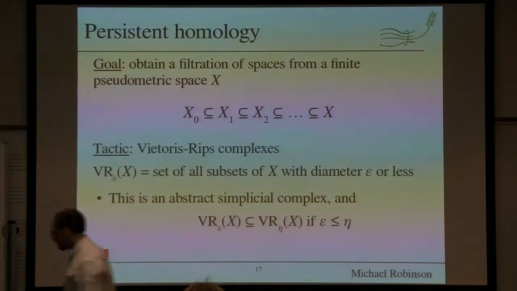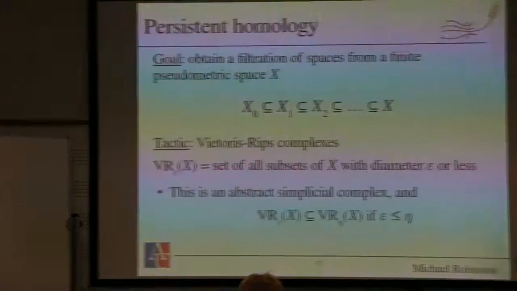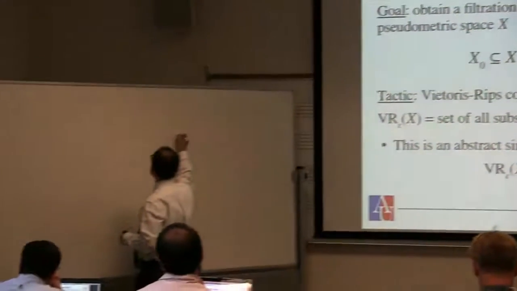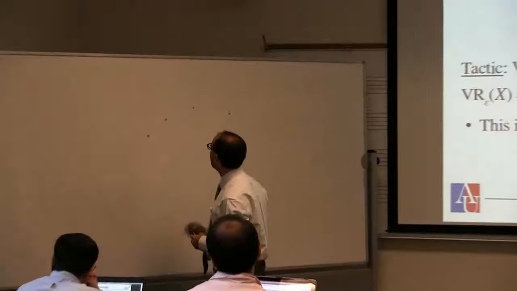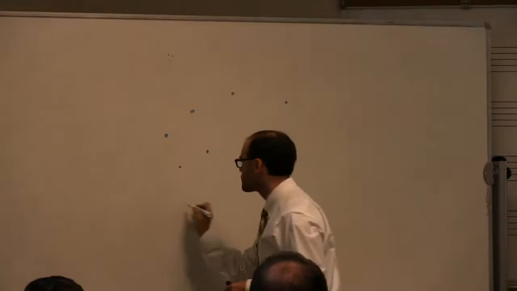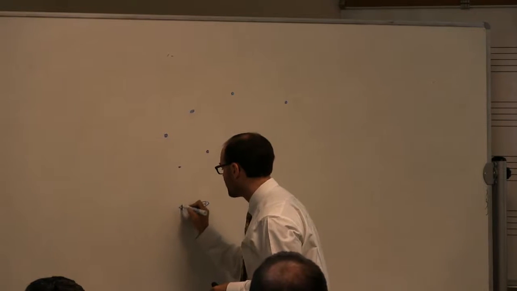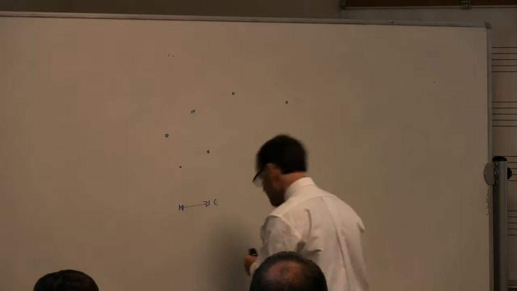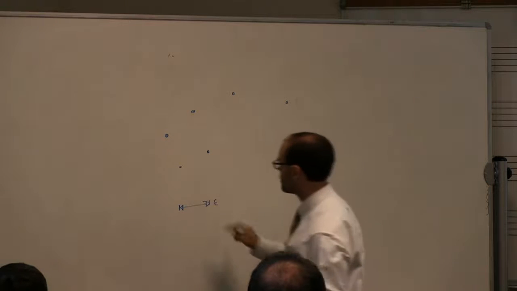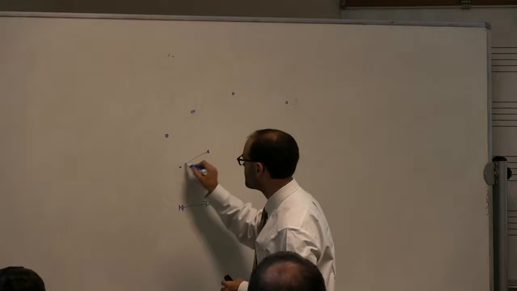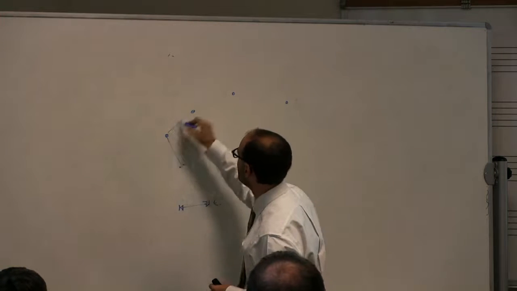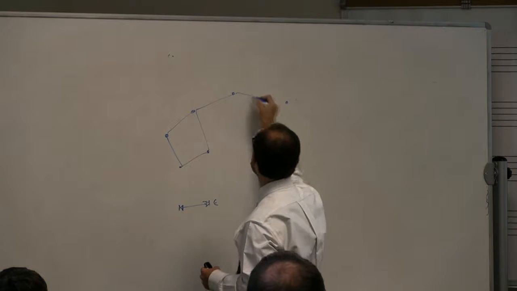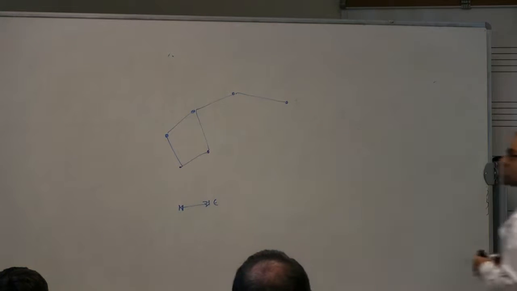So we've seen pictures of these before, but if I form a Vietoris-Rips complex with diameter epsilon, I get a certain construction. So I get something that looks like these guys here within epsilon, these are within epsilon, those are within epsilon, like that. And you fill it out so that it's the flag complex.